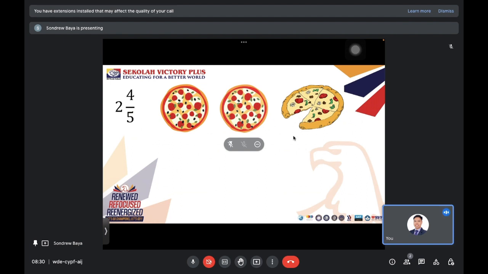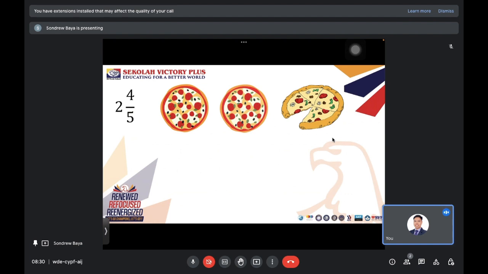That is why we have a box of pizza containing a number of slices that is not equivalent to a whole box. So in this example, you can see that one slice has already been taken or eaten. All right, that is why this part is the fractional part.